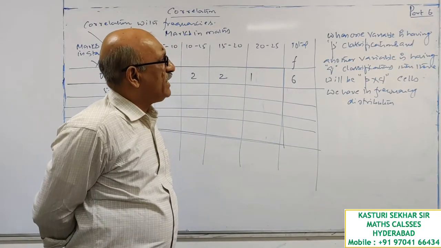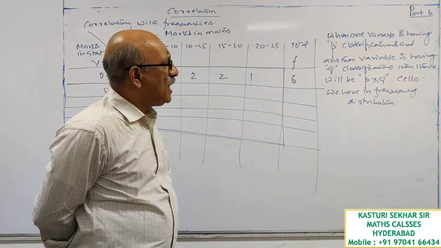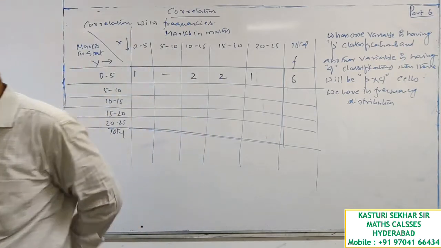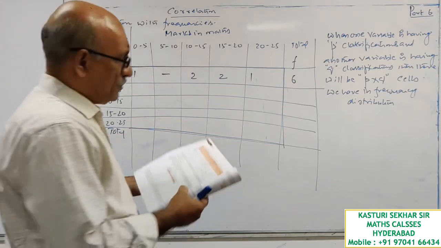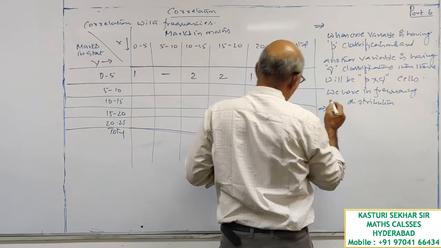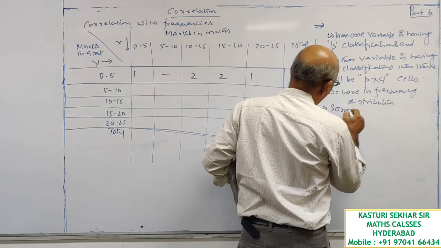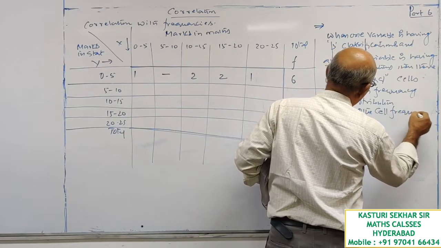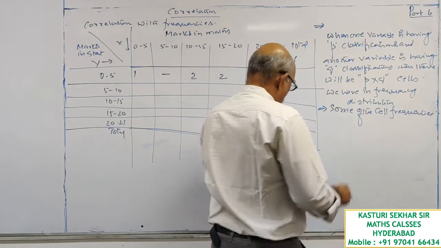That is, when one variable is having P classifications, another variable is having Q classifications, then there will be P into Q cells we have in the frequency distribution. This is the first point which you have to remember. Let us see the second point. Sum of the cell frequencies are 0.